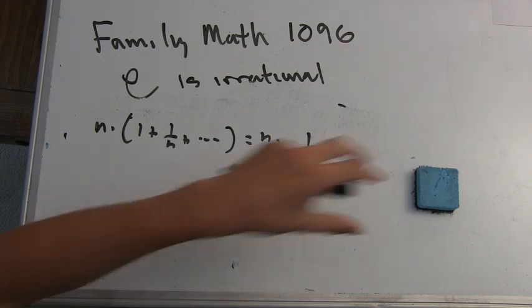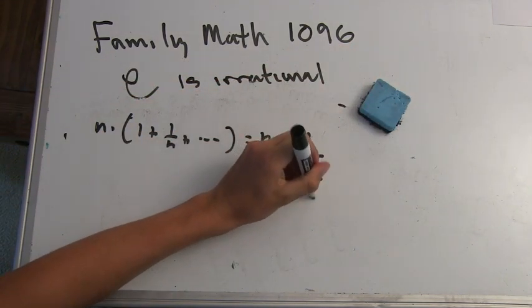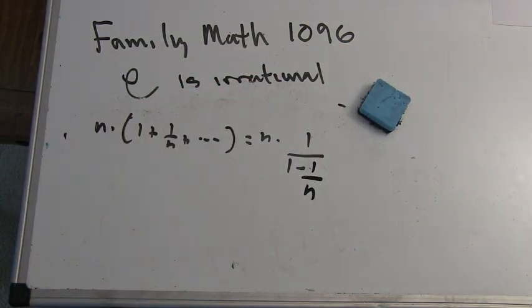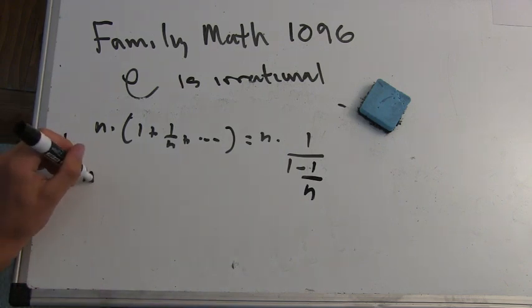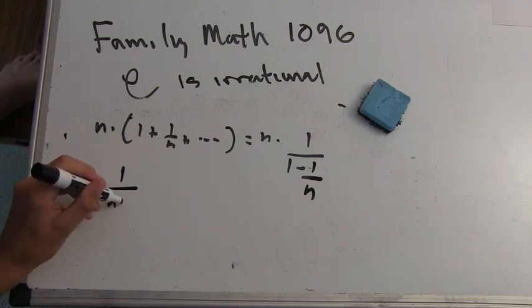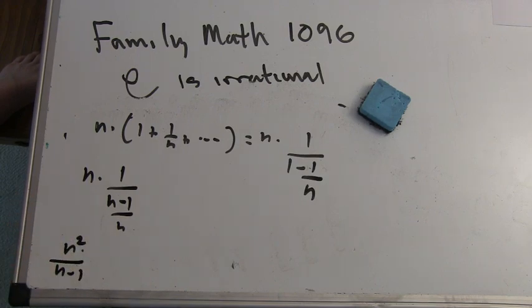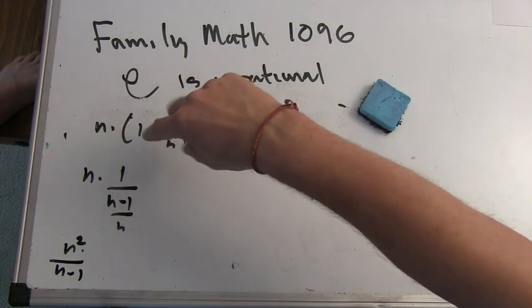No, it's 1 minus 1 over n, yeah, 1 minus 1 over n. Okay, so what is this? So this is n times 1 over n minus 1 over n, so n times, it's n squared over n minus 1.